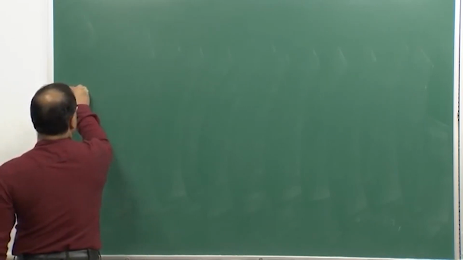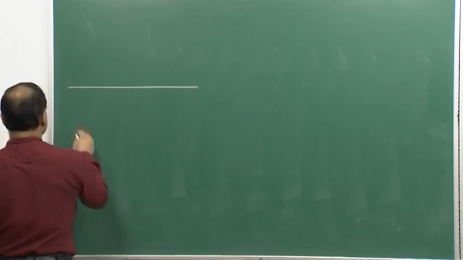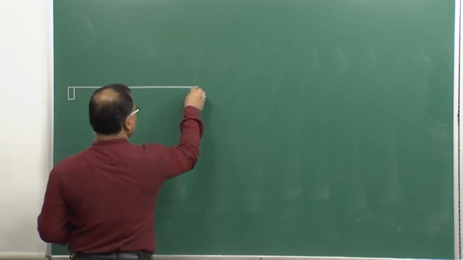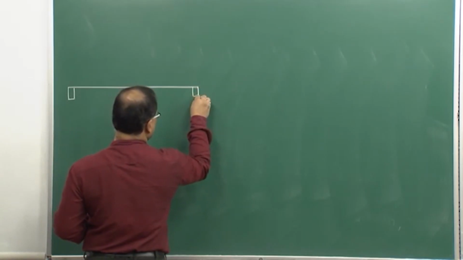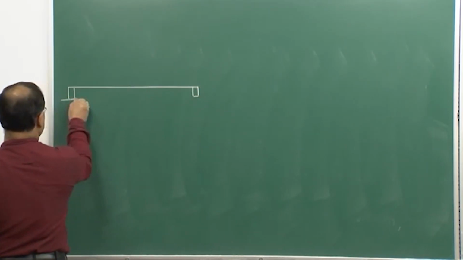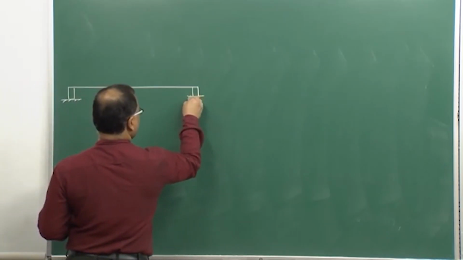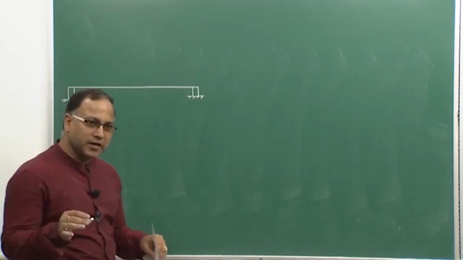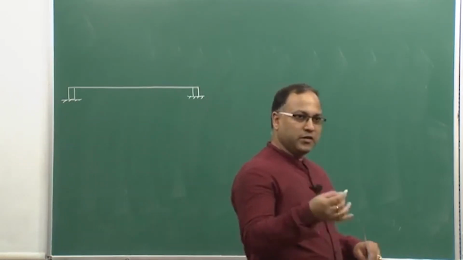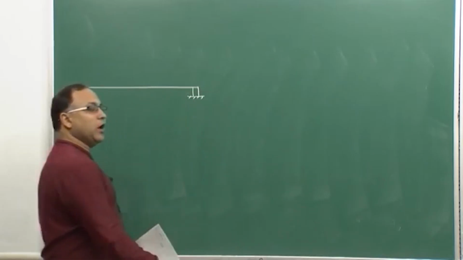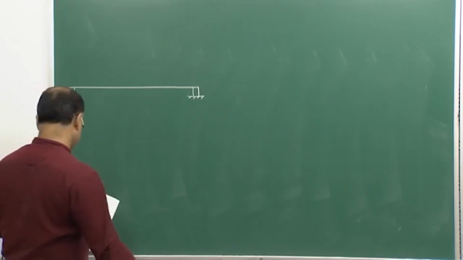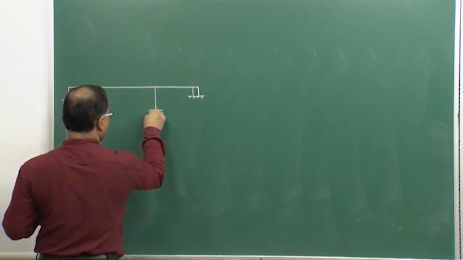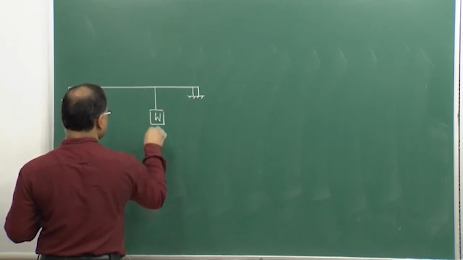So, this is a simple example problem. This is a beam simply supported like this on these supports. This is a slender member. Of course, I am showing one line, that does not mean it is linear; it has a proper cross section, square or circular, whatever. Now, one load W is acting here.